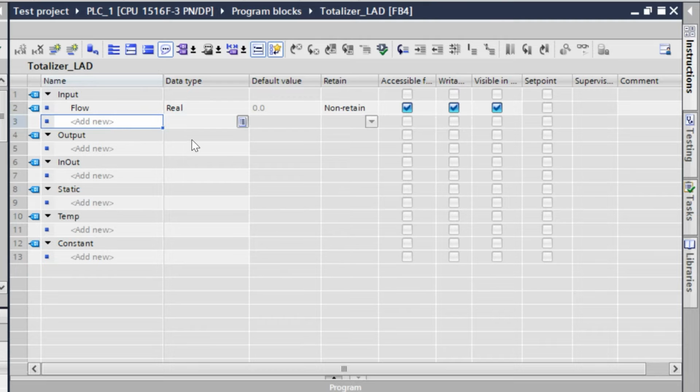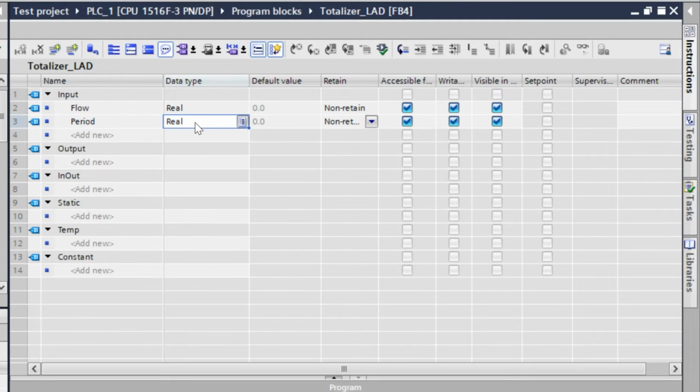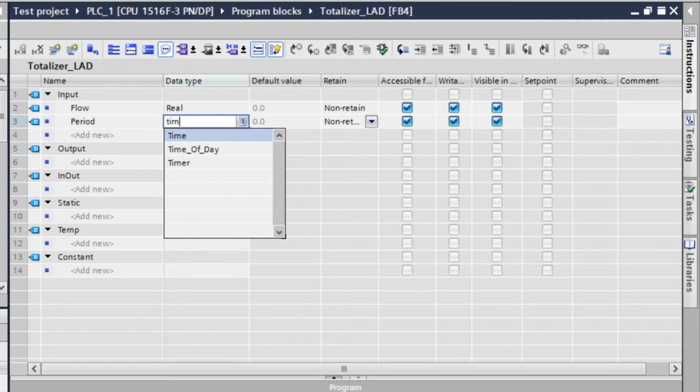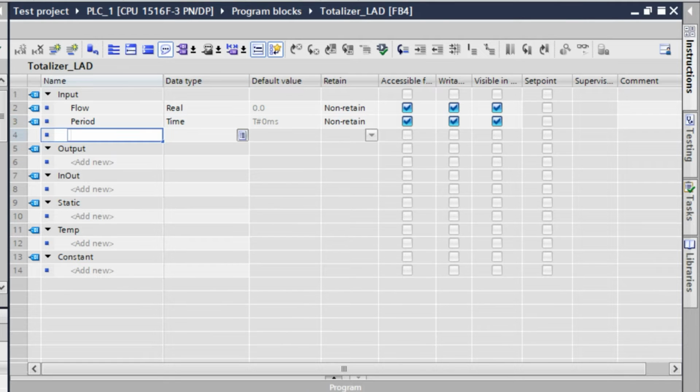Now the other input is our period, that is liter per minute or TPH, ton per hour. That hour or minute is our periodic time, and it is in time data type. Now our sampling time, we can call it cycle time.